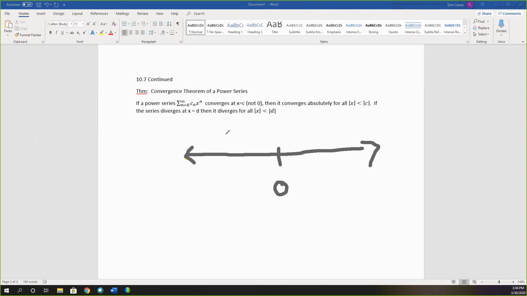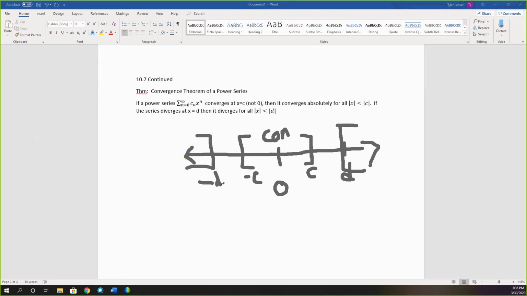So if it is centered at 0, if you find some value c, and you know it converges there, you automatically get that it converges at all values between c and negative c. So this would be where it converges. If you find some place d where you know it diverges, then you automatically get that it diverges everywhere above d and everywhere below negative d.